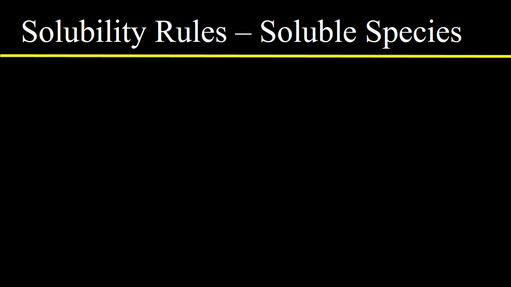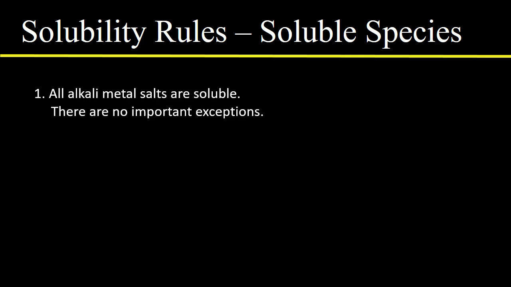All right, so for soluble species, first rule, all alkali metal salts are soluble. The alkali metals, as you recall, are the leftmost column on the periodic table. So anything that is a salt of sodium, potassium, or lithium, like sodium chloride, potassium nitrate, lithium hydroxide, and so forth.